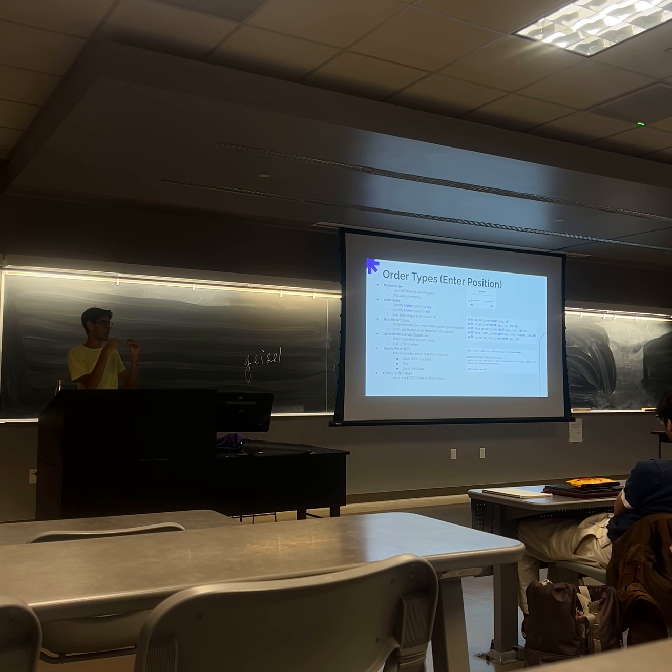You can think of it as being in the ring, so stuff is still happening. Only when you exit the ring, or exit your position, have you actually captured and realized all of your profit or loss. So to exit that position, and this is very crucial, don't let your profits go unrealized, call self.liquidate on the ticker.